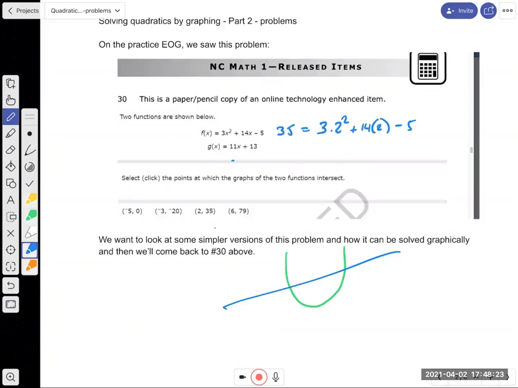So that would be 12 plus 28 minus 5, which would be 40 minus 5 equals 35. Yeah, and the other one would check out that way as well. But we're going to talk about a way to do that without the guess and check. But first we want to look at this.